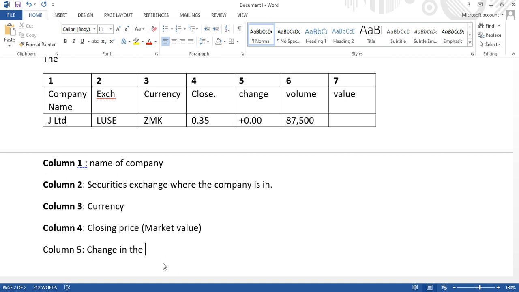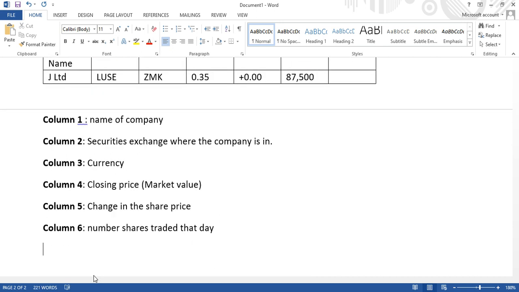Column six is the number of shares traded that day.